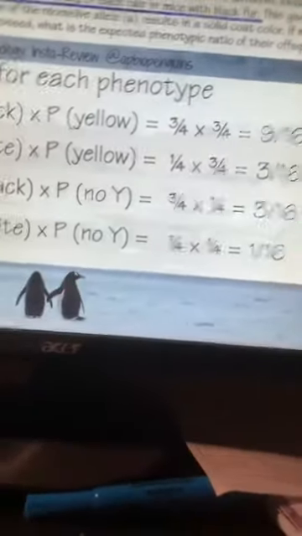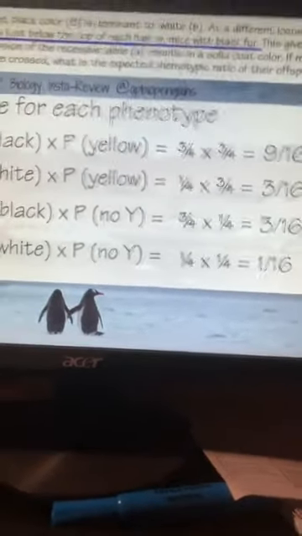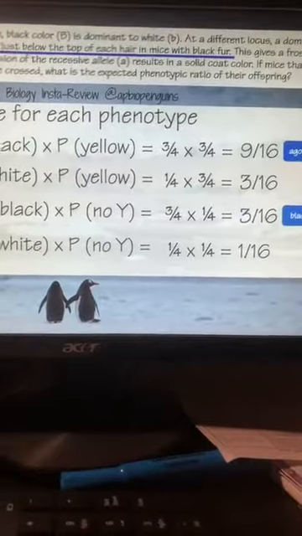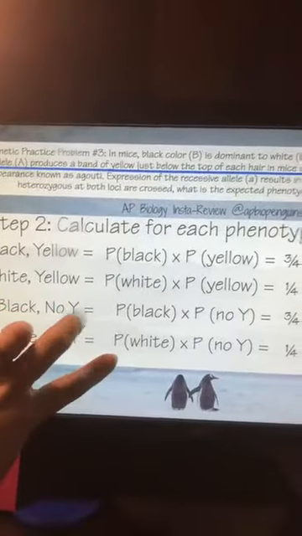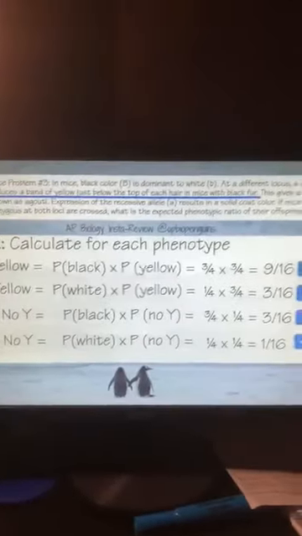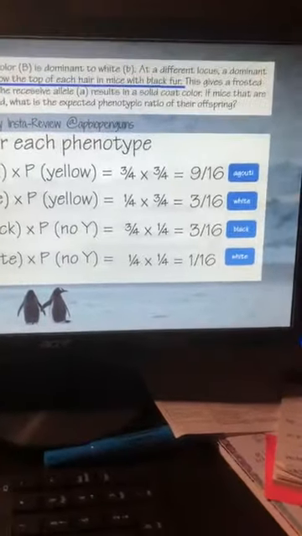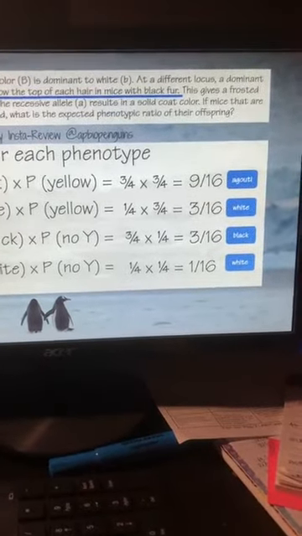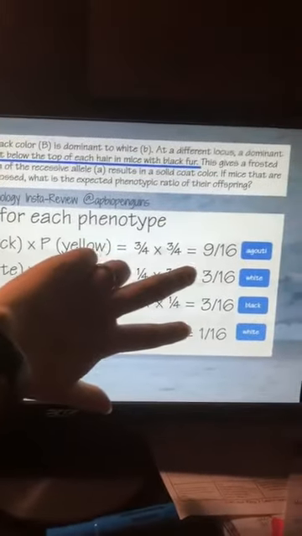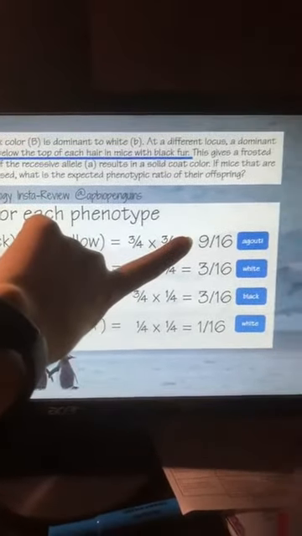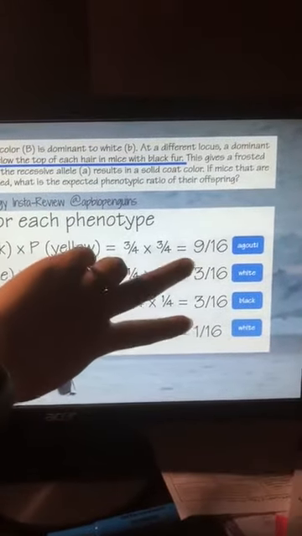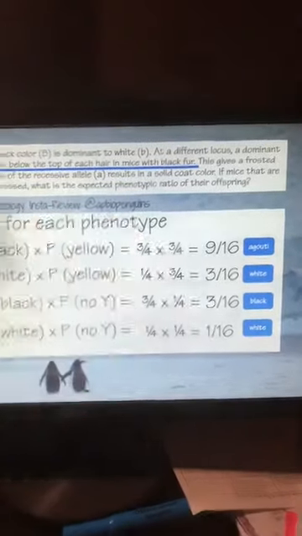But what happens with this one that has yellow on the white fur? Well, the thing is, it doesn't show up on the white fur. So both this one and this one are both going to show up as white. So your final ratio is going to be a 9 to 3 to 4 ratio, because you're going to add these two together, since these are your two whites. So you would have 9/16 are goatee, 3/16 are black, and then 4/16 are white.